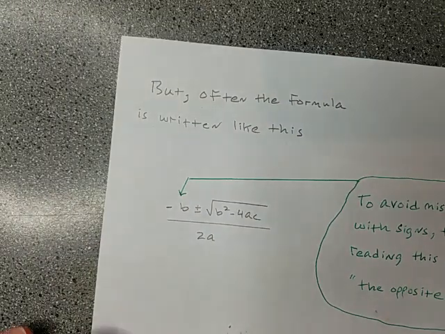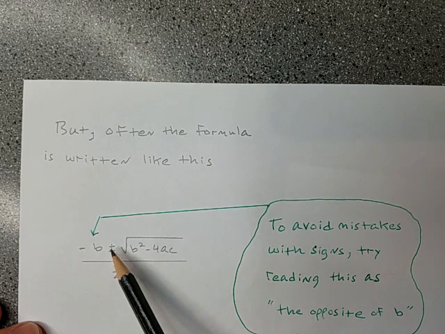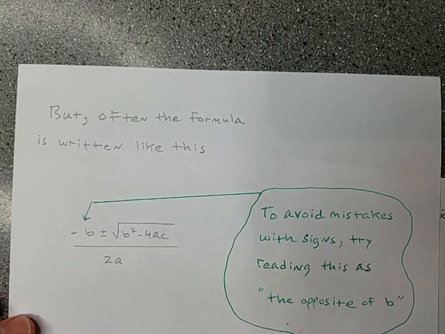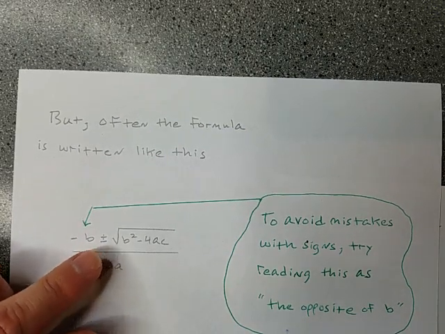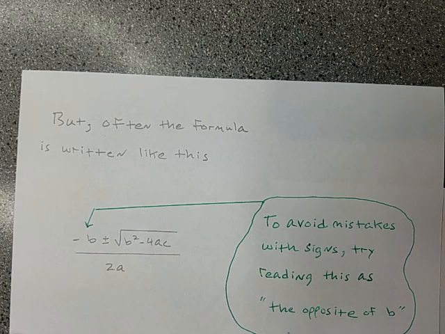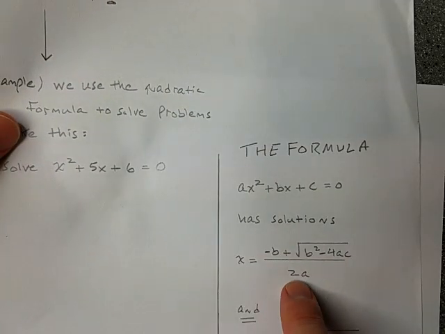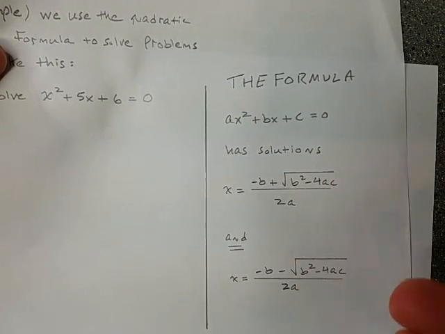They'll write it this way: the opposite of b plus or minus root b squared minus 4ac over 2a. But that plus or minus, that's two different things. There's a plus, and you do all the math with the plus, and then there's the minus, and you do all the math with the minus, and that's two things.